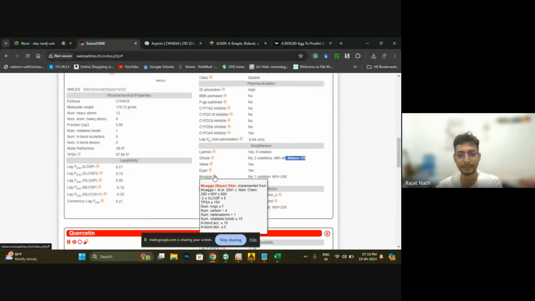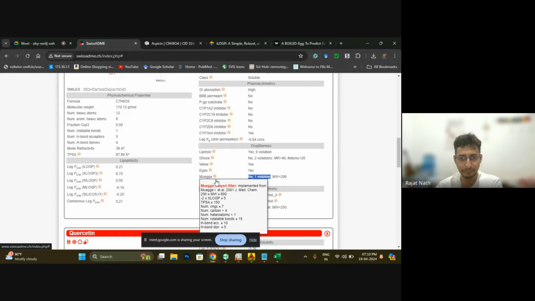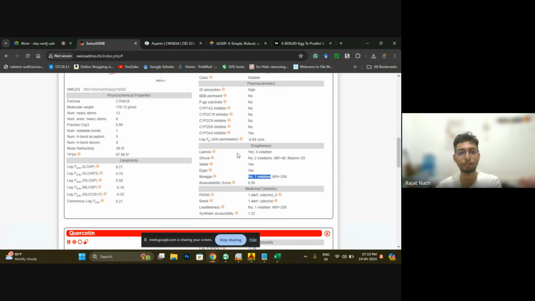Then another rule given by Muegge, that is known as the Bayer filter. According to this rule, your compound is violating it, because the molecular weight should be greater than or equal to 200 and less than or equal to 600. But in case of your compound, the molecular weight is 170.